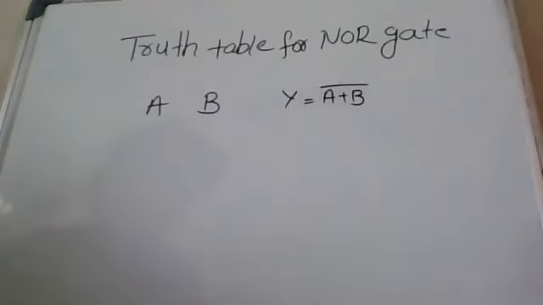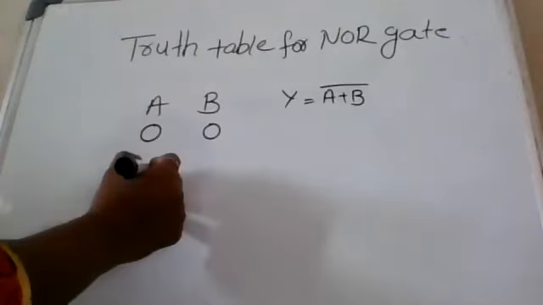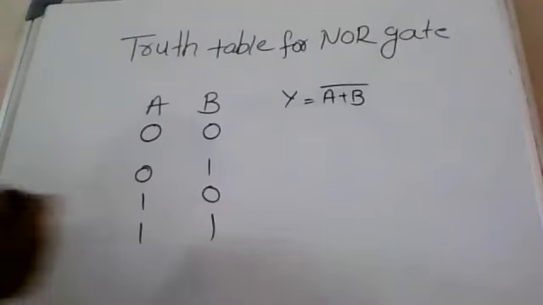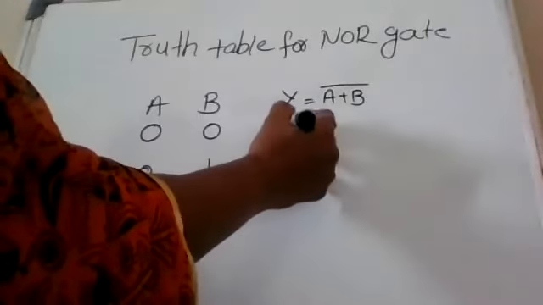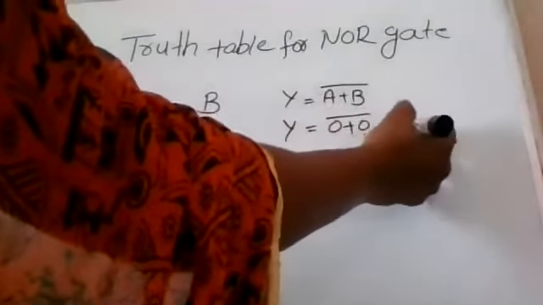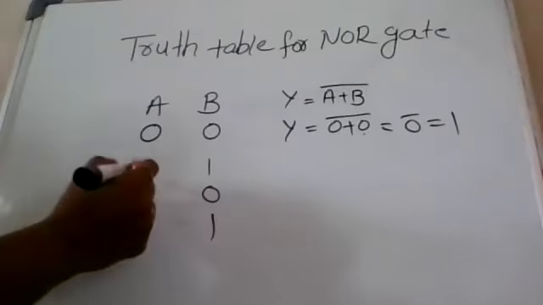In every truth table we have 4 conditions: 0 0, 0 1, 1 0, 1 1. So here what is the output? 0 plus 0 complement. 0 plus 0 is 0, 0 complement is 1.